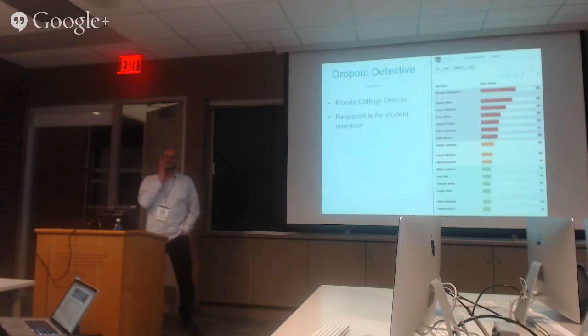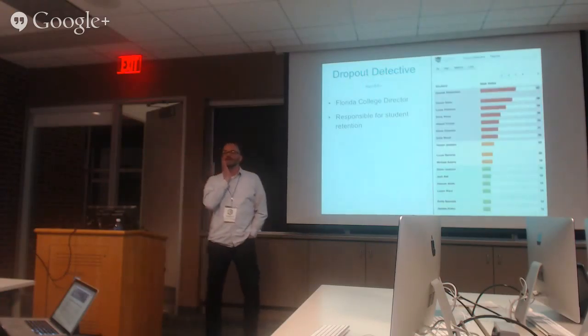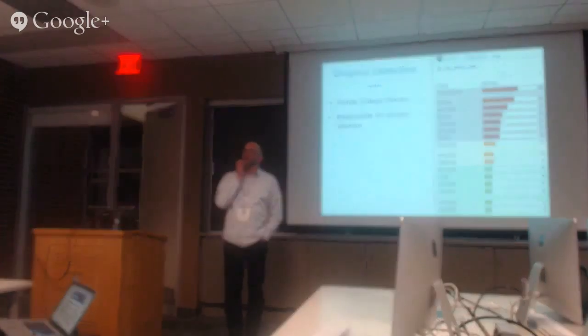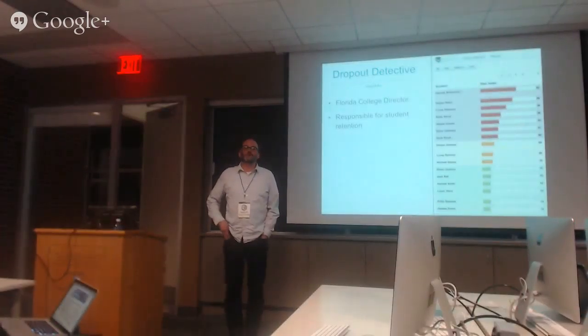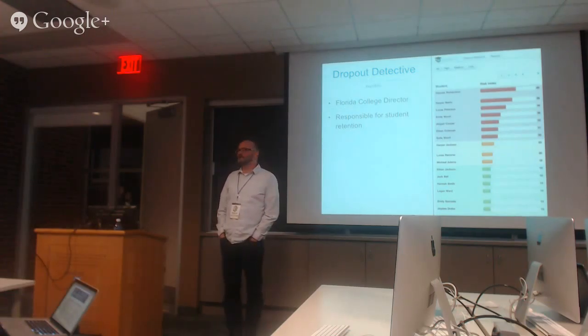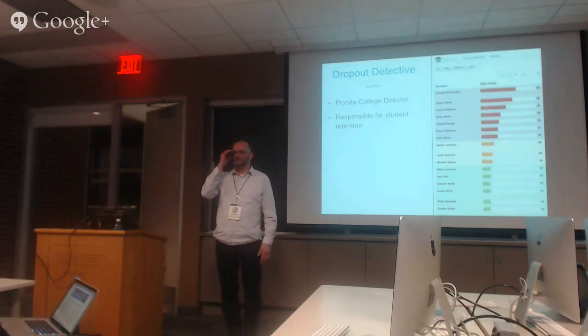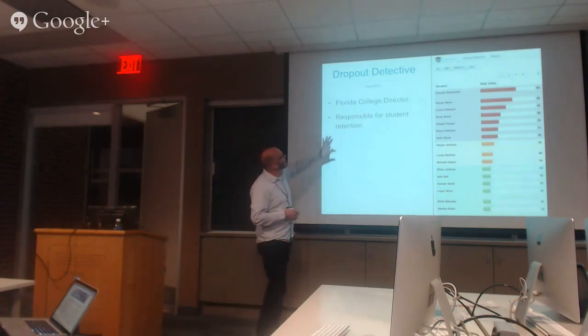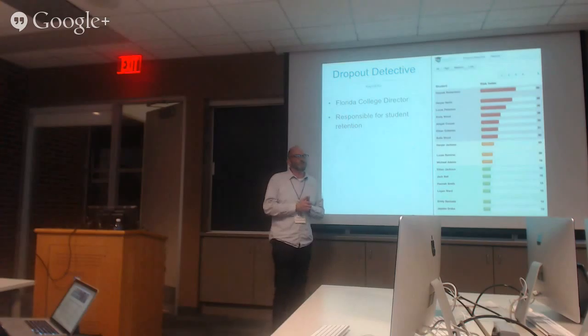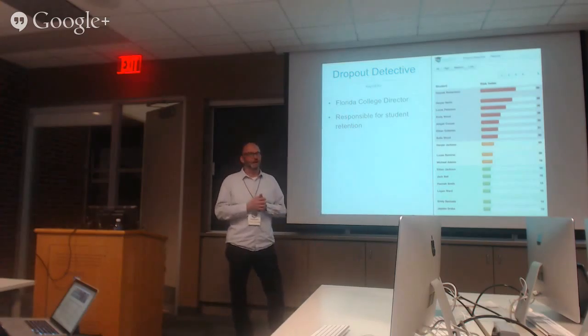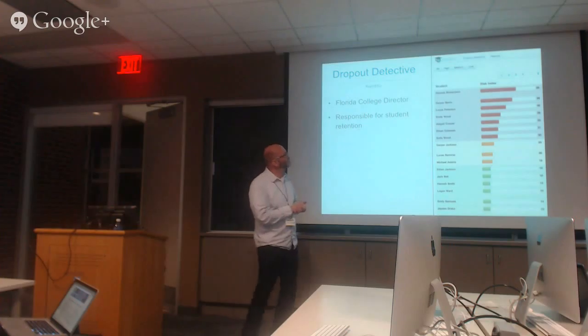All right, here's an example of an LTI tool, and I really like this one because it's a good example of a very robust LTI tool that is also leveraging the Canvas API. So we're kind of combining these two concepts of LTI and API. So Dropout Detective, this is an interesting story as well because this was a director at a college in Florida, and she was in charge of student retention, and she needed help in identifying students who were at risk.